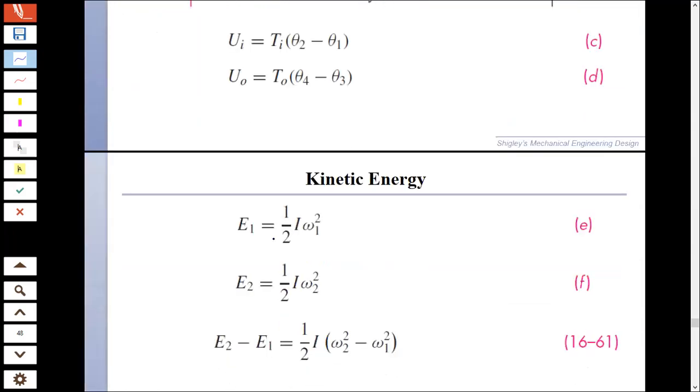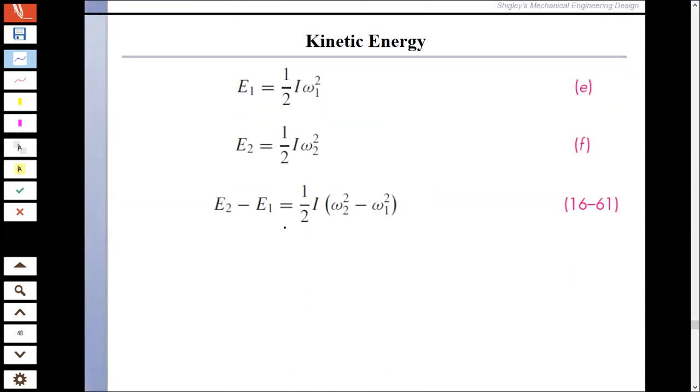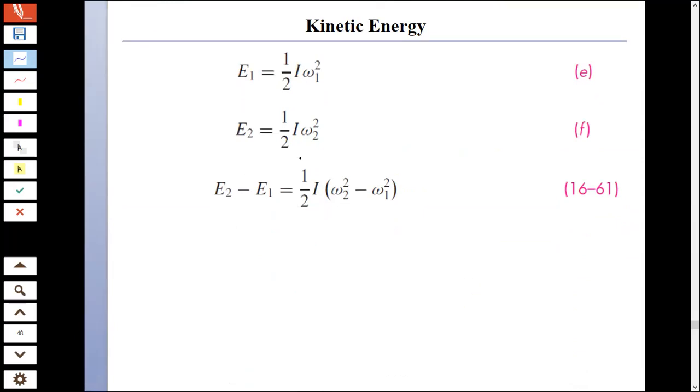And let's say we talk about a system where the energy changes, or there is fluctuation or variation in energy. Let's say that the initial energy is E1, and that is the kinetic energy, which is equal to half I omega 1 square.